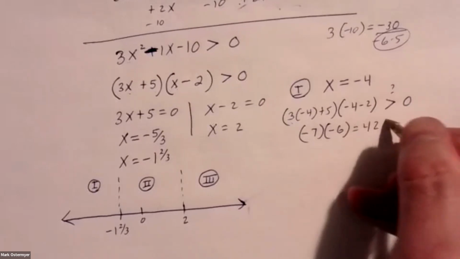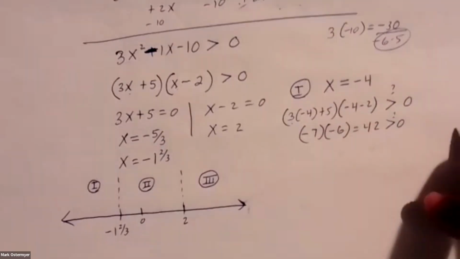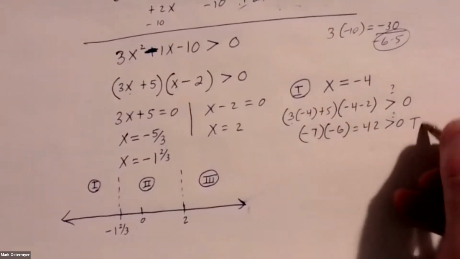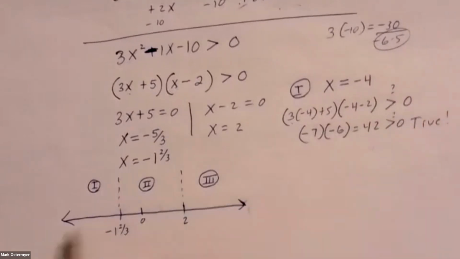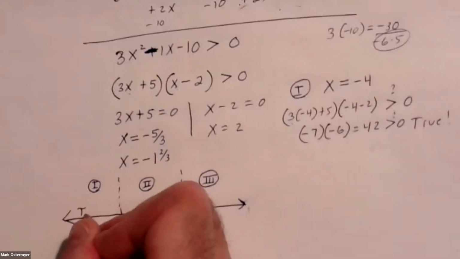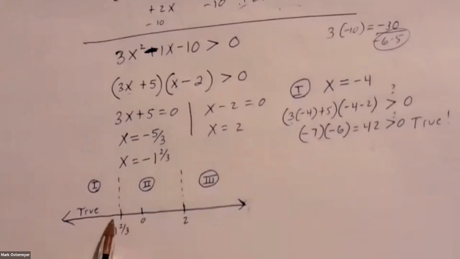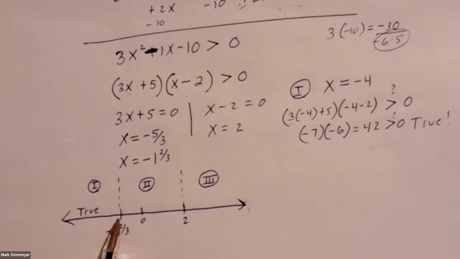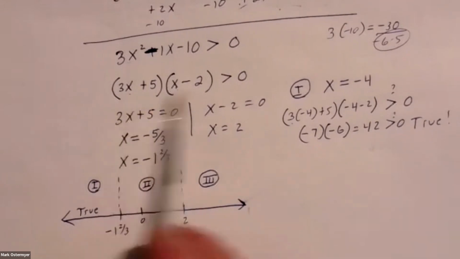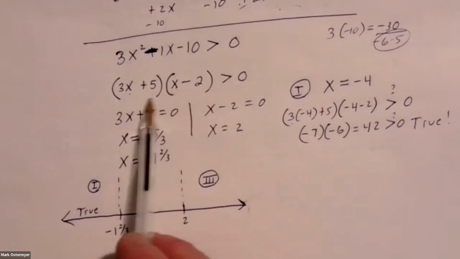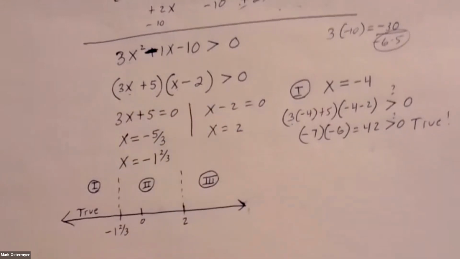Is 42 greater than 0? That is true. What I like to do is just write the word true in this interval. The word true means that, yes, solutions for this inequality will be coming from this interval. Any number that's less than negative 1 2/3 will be a solution to this polynomial or quadratic inequality.